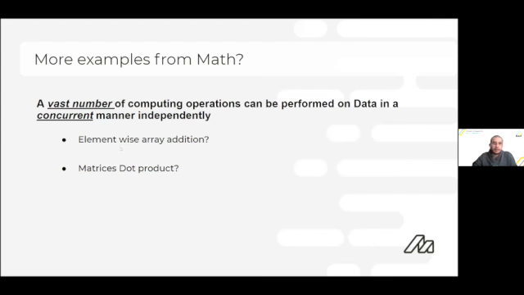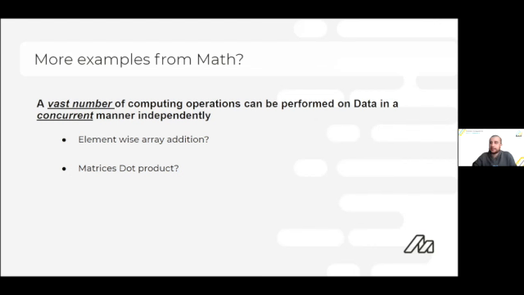For example, from math, if we have element-wise array addition, if you have two vectors that we want to add together, element by element, it can be seen as a data-intensive problem, and you can essentially do each addition in parallel and independently from each other, or you can do matrix dot product.